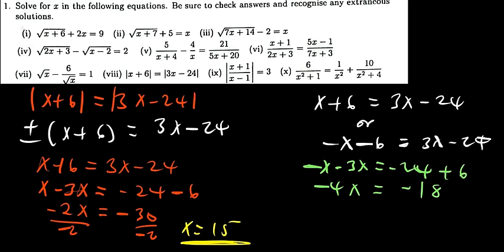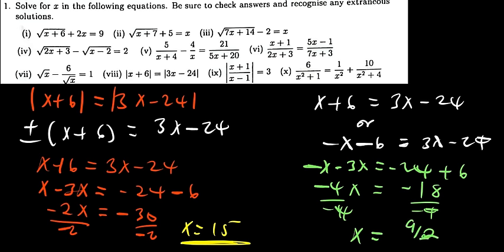So if I divide both sides by negative 4, even here by negative 4, my x will be equal to, negative and negative will cancel. So I'll say 2 into 18 is 9. 2 into 4 is 2. So my answer will be 9 over 2.